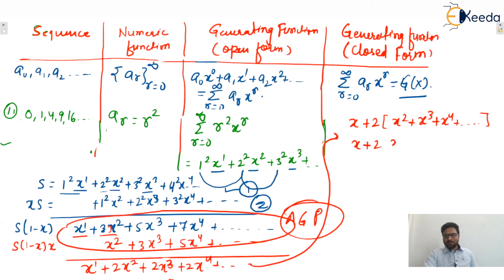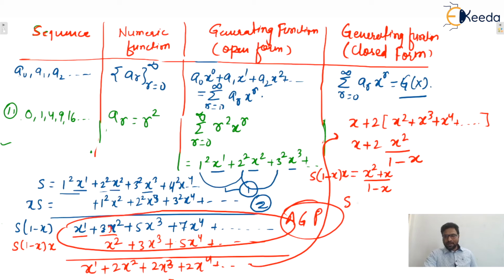So the sum is the first term divided by 1 minus the common ratio, that is x. So after simplification it becomes x square plus x divided by 1 minus x, and this is equal to s into 1 minus x into x.